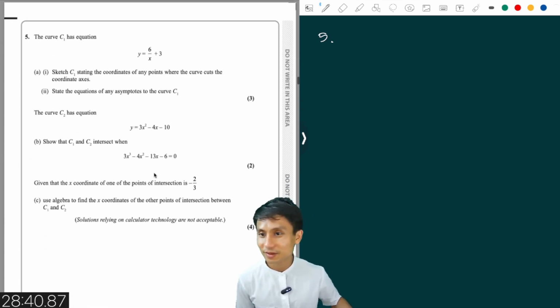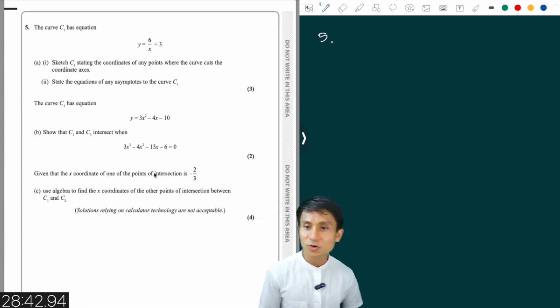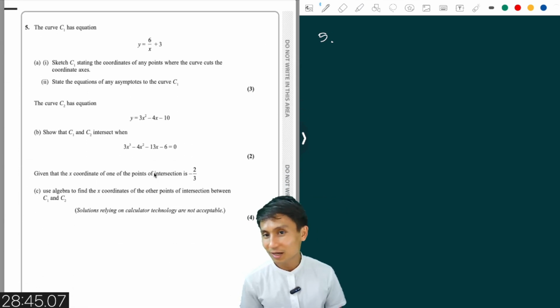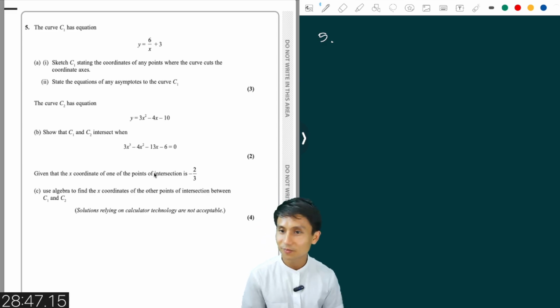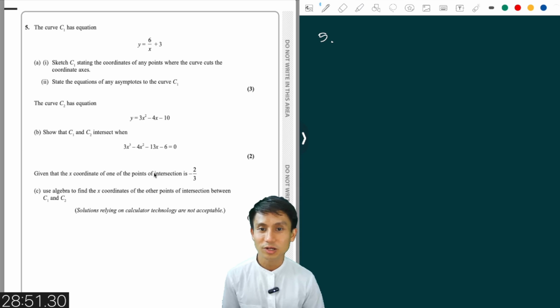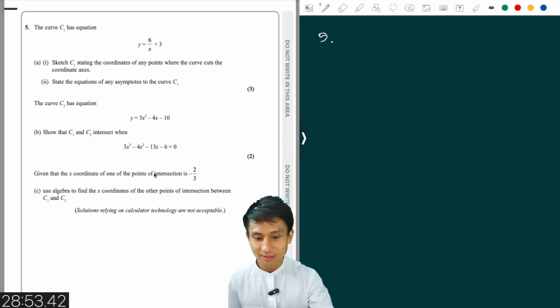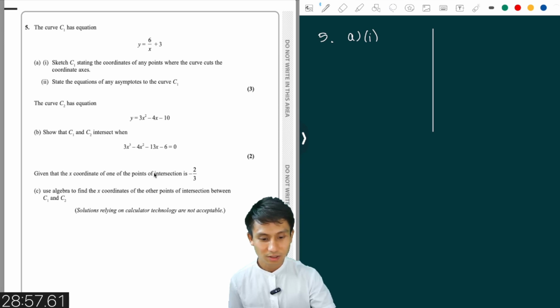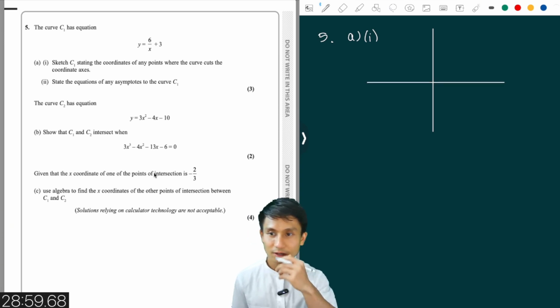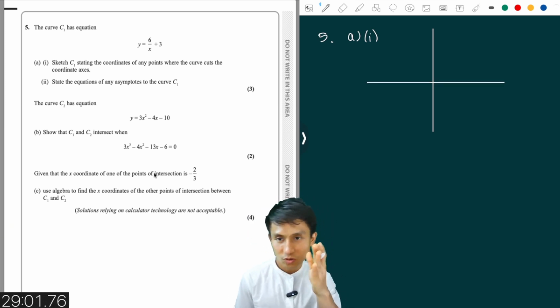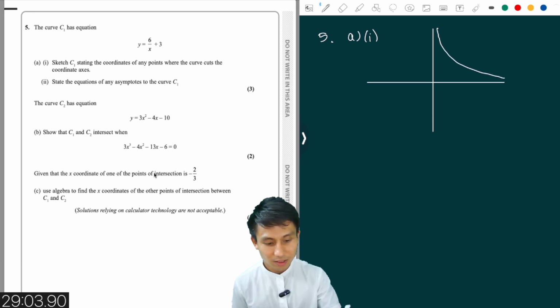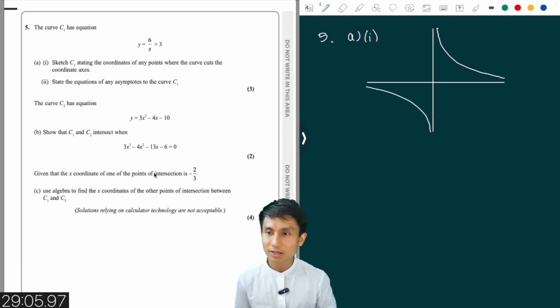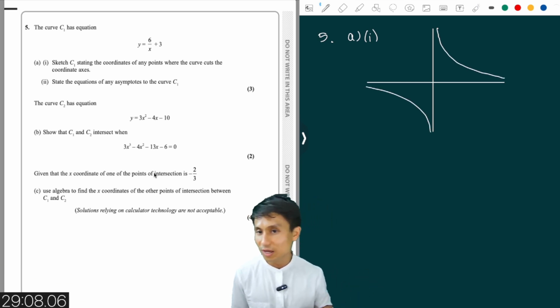The curve C1 has an equation that looks like a hyperbolic curve. Sketch C1, stating the coordinates of any points where the curve cuts the coordinate axes. Okay, so part A, sketch C1. So this would be the hyperbolic curve with y equals probably 6 over x.